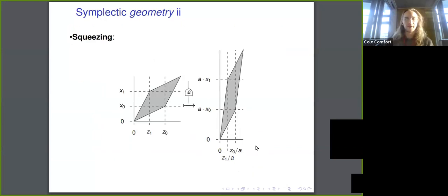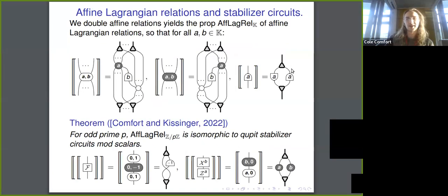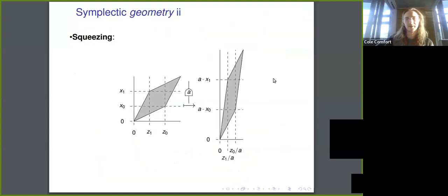And then if you apply this multiplication gate, recall here, it multiplies the X by A and divides the Z by A. So what this results in is this kind of squeezing thing. Because the volume of this parallelogram has to be preserved, when we multiply the X by A, the Z has to be divided by A. But the volume remains the same, and the orientation remains the same.